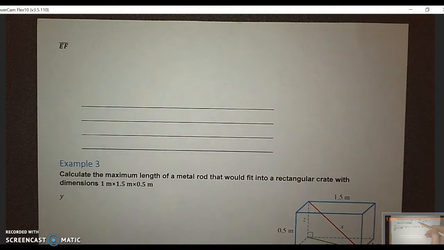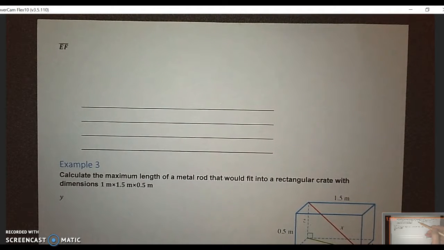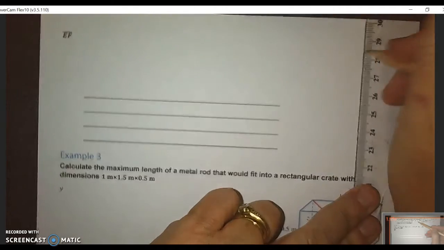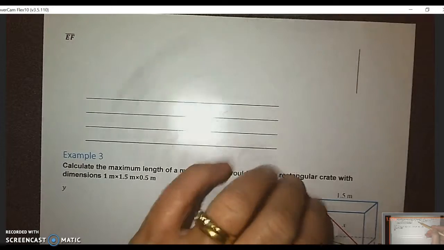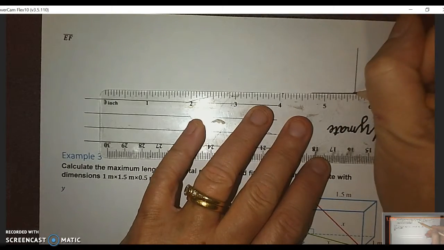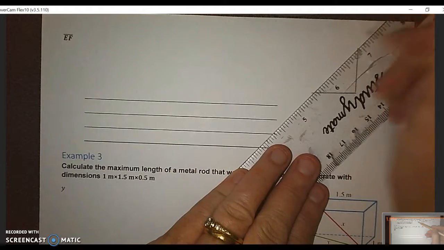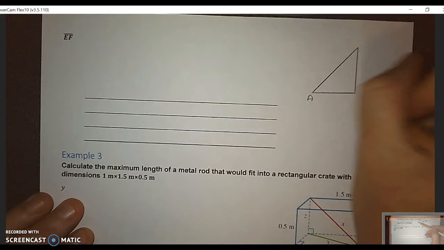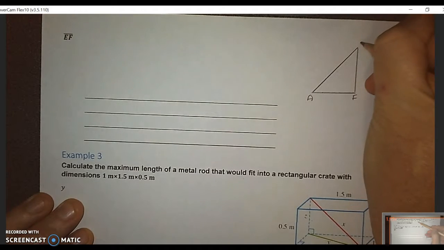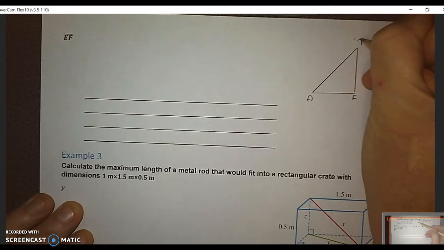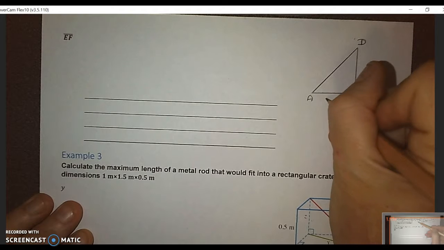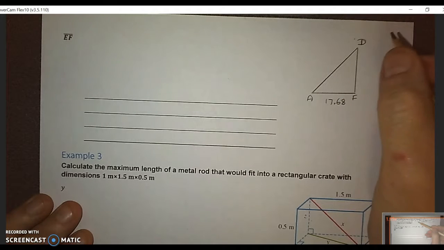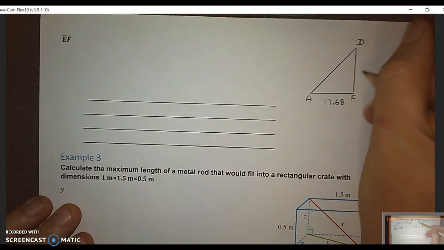So I'll draw my triangle in. We'll label it A, F, D. Now we know that A to F is 17.68, which is half of the 35 that we had before.